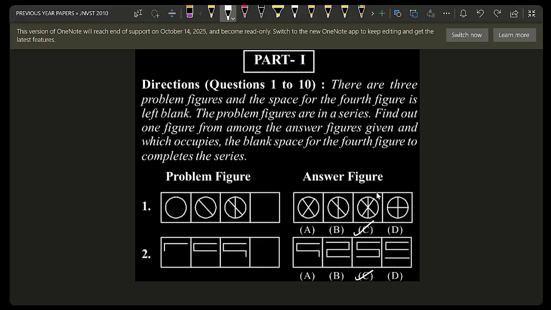Adit, what is your doubt? Sir, by mistake. Okay.